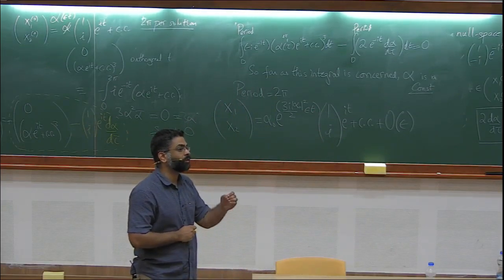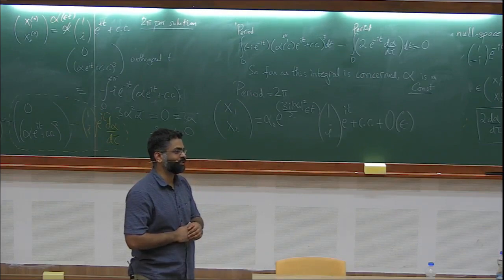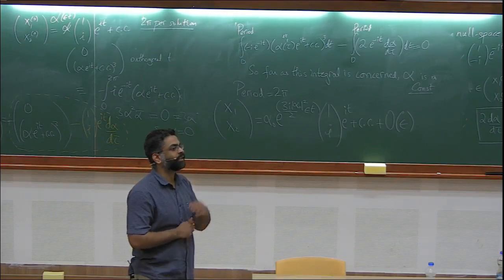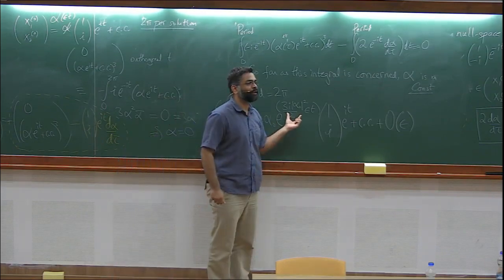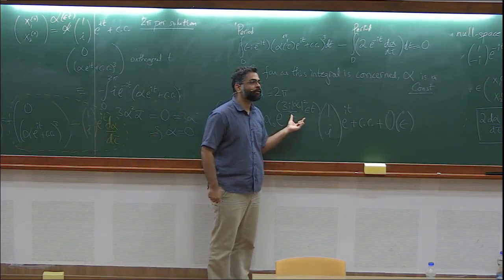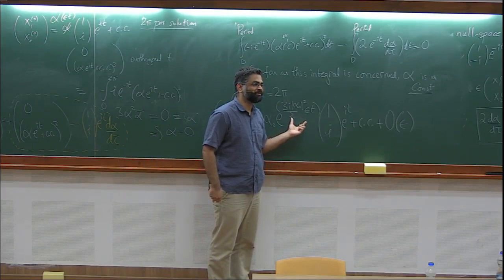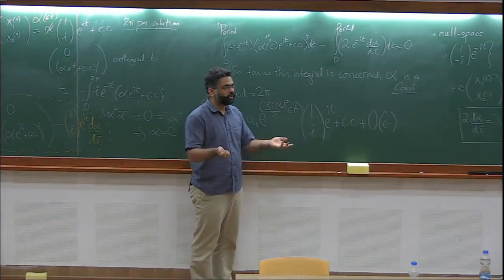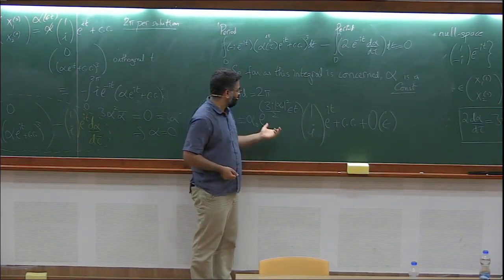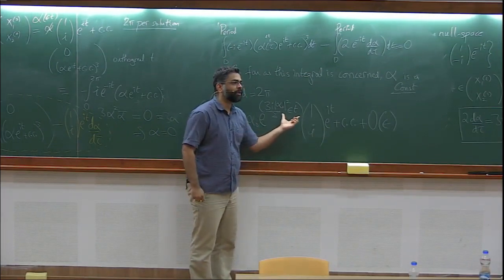So where is the error with respect to the true solution? It's a very good question. It's in the phase. It's in the fact that my period is wrong, not in the fact that my amplitude is wrong. My amplitude is 1, and for the full problem also, it's the same number, but what's wrong is my period.